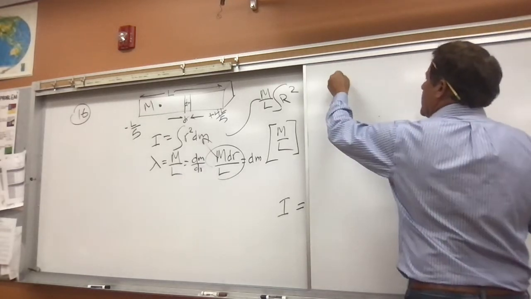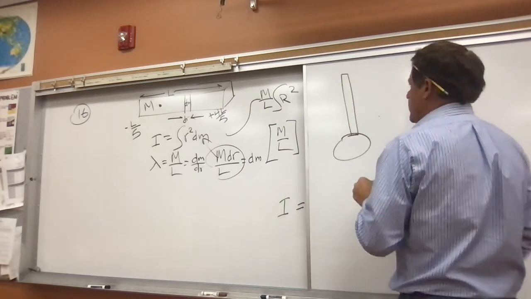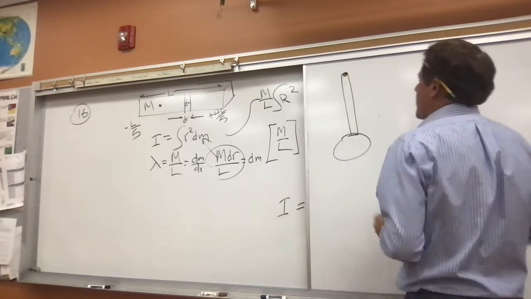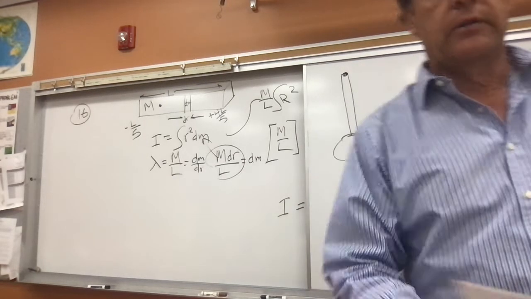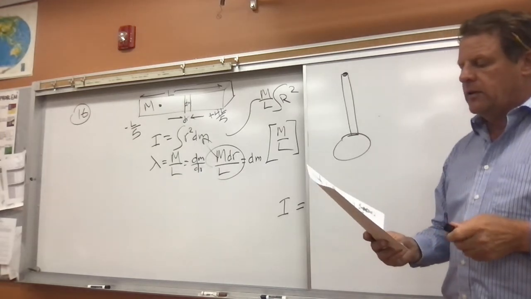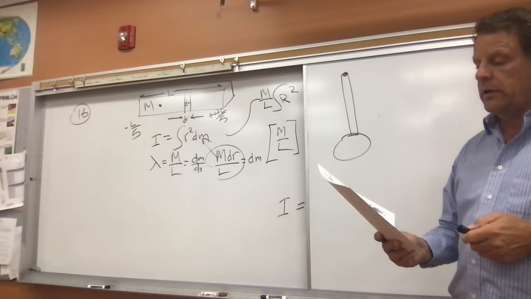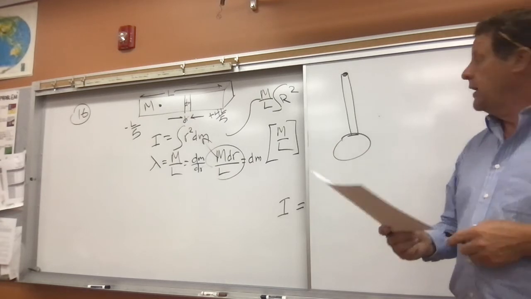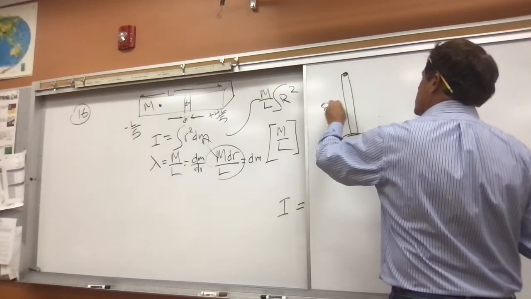We're going to do this in one of two places. First of all, we're going to have this rod that's going to rotate back and forth from point A, and that is a 1 kilogram rod. And the length of this is 0.8 meters.